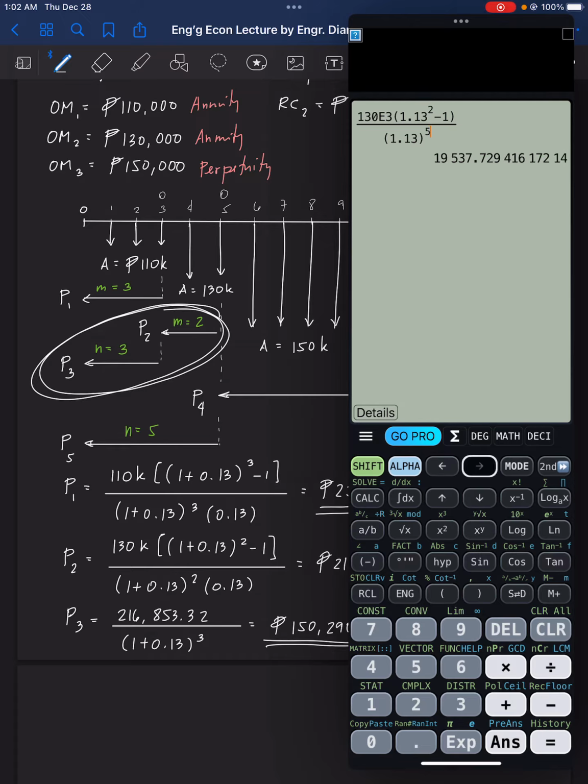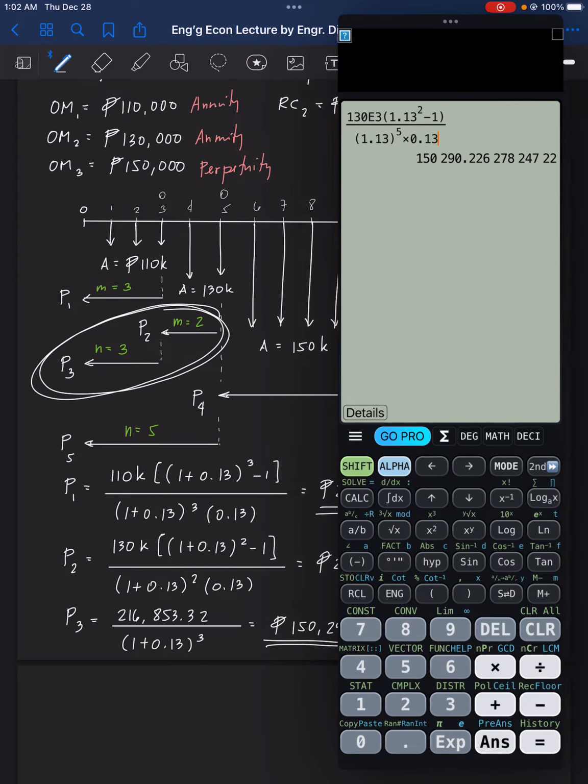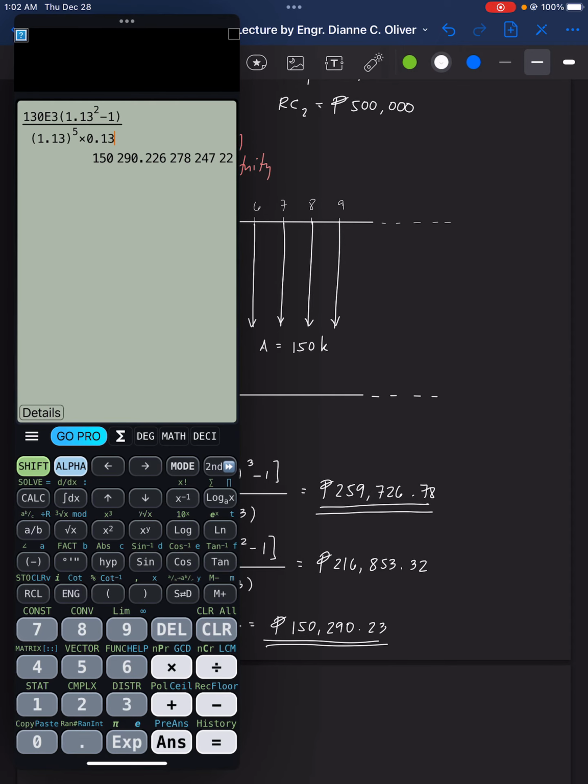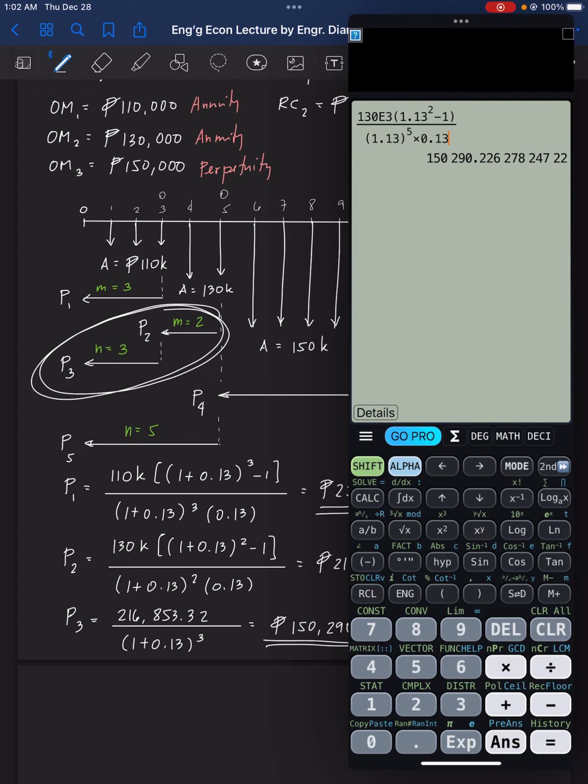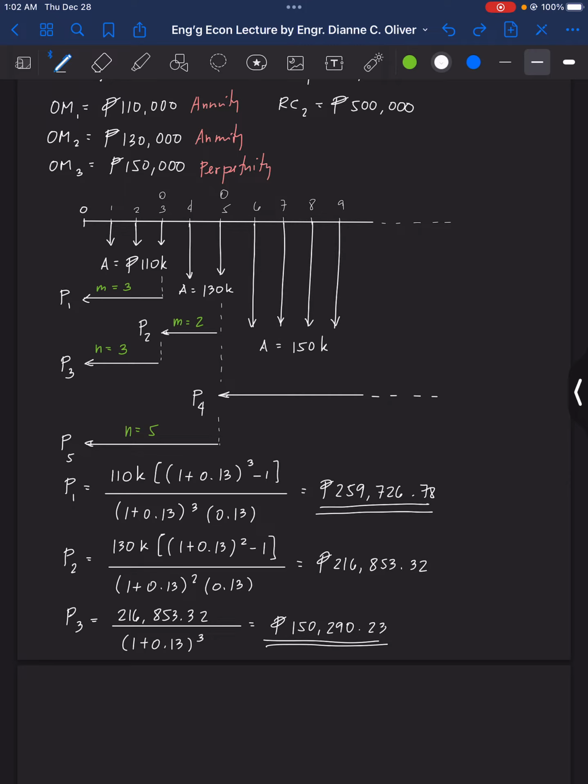Let's say 5. So same answer, 150,290.23. Okay, so you can use the formula for deferred annuity.